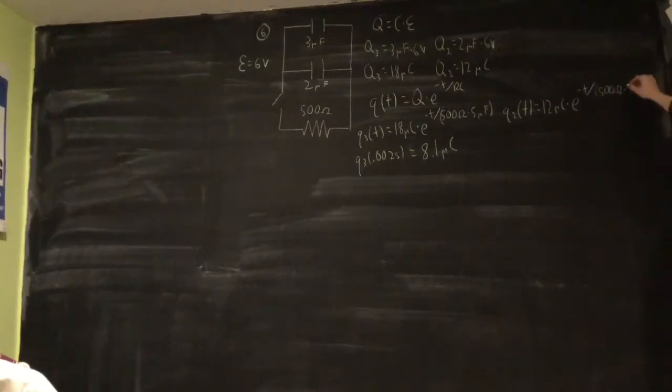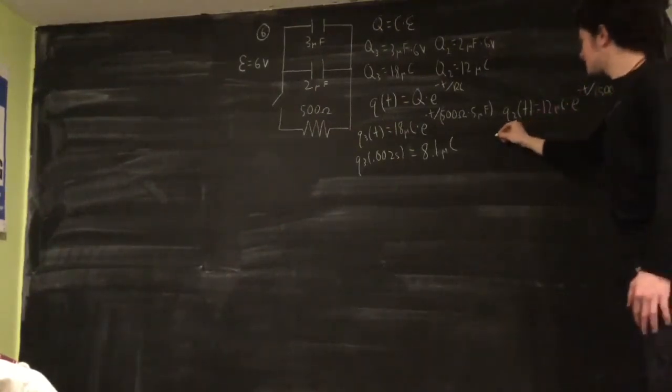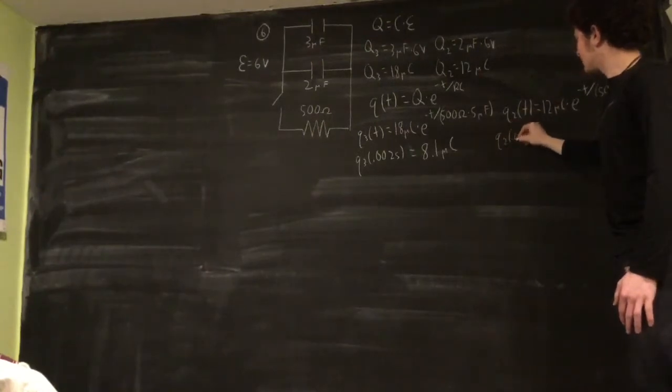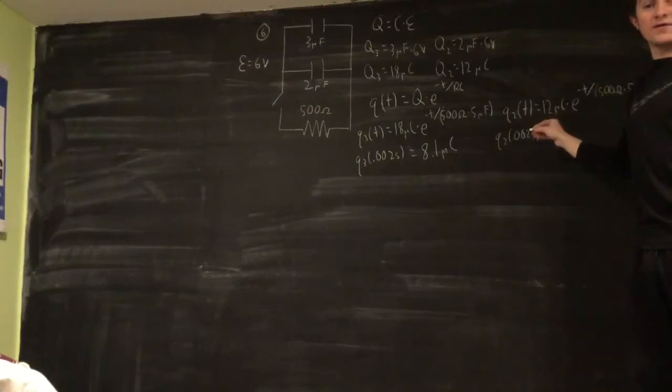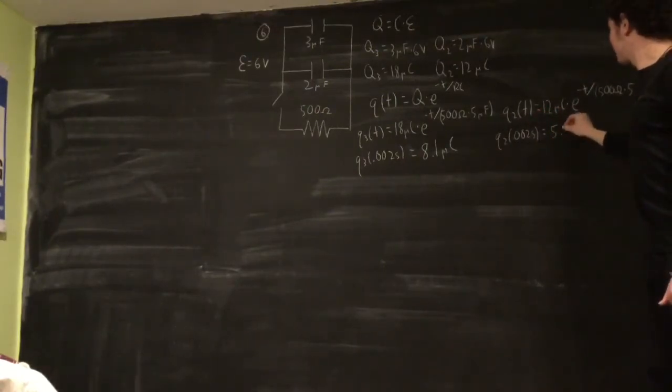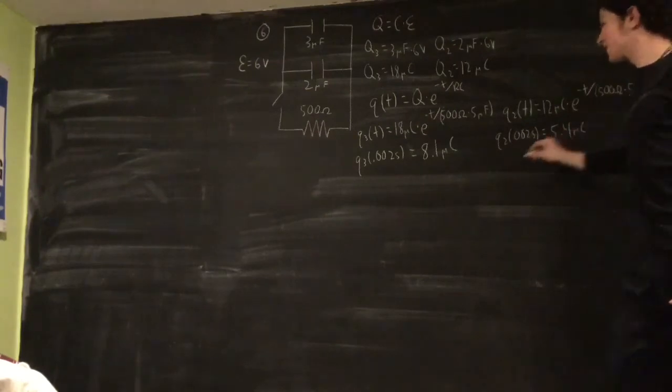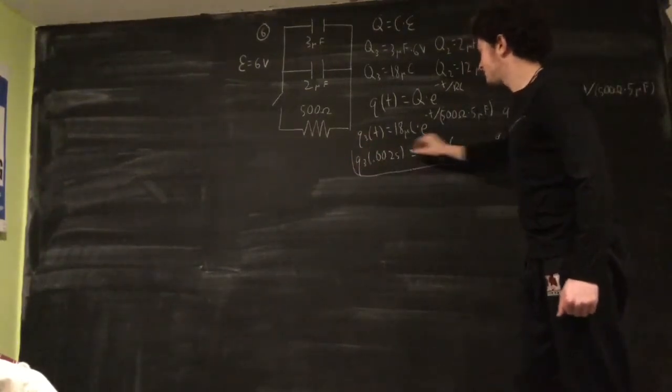Five microfarads. Again, it's asking for the same time, so we put in 0.002 seconds. And this yields a value of 5.4 microcoulombs. So this is your answer to part A.